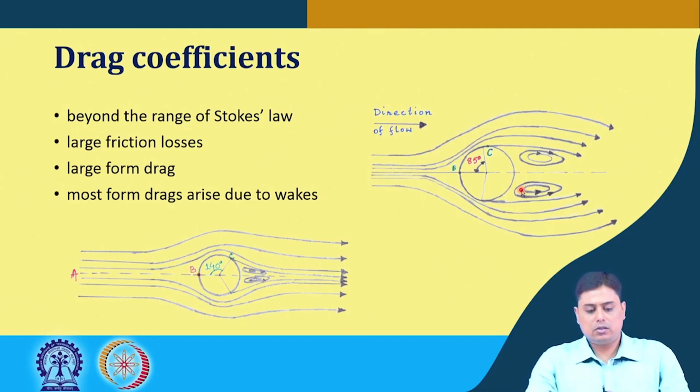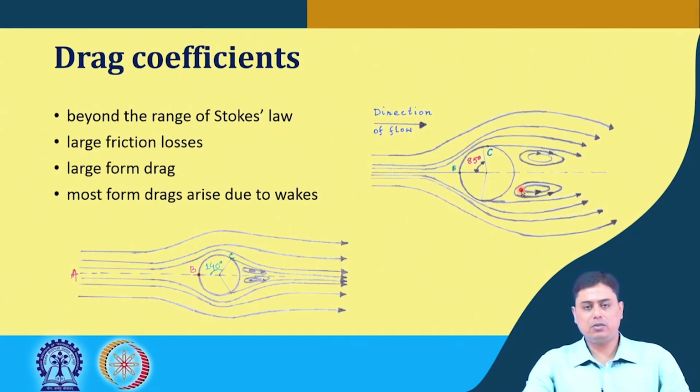So this would be the end of this lecture. Here we have seen the initial concept of drag, why it is important, how to calculate drag for well defined shapes, how the drag varies with irregular shapes, and how to measure or estimate the drag coefficients.